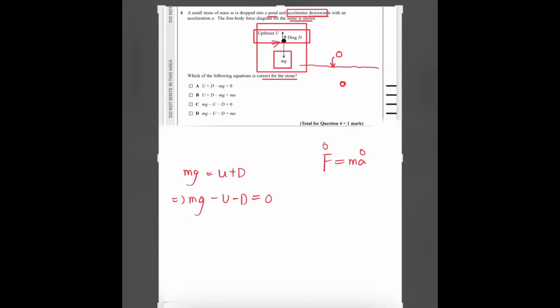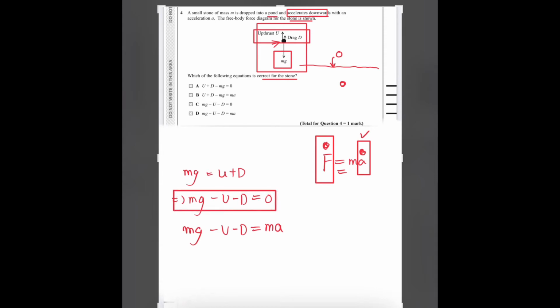But since it says that it is accelerating downwards, there is an acceleration, so there would be a resultant force. The resultant force is equal to ma, right? So mg minus u minus d would equal ma. So the earlier equation would not be the answer.